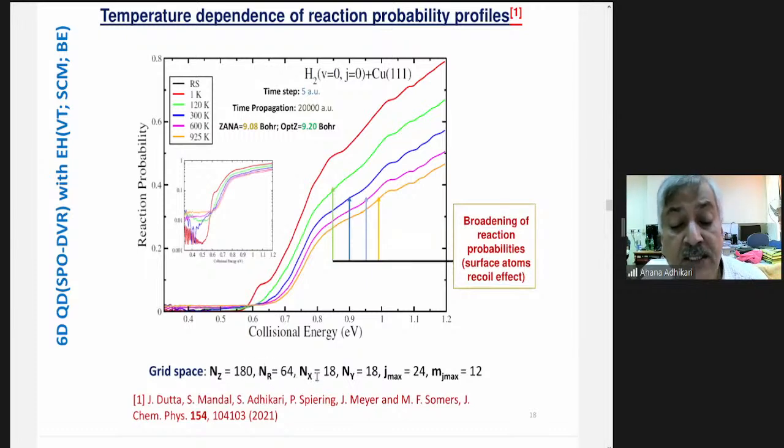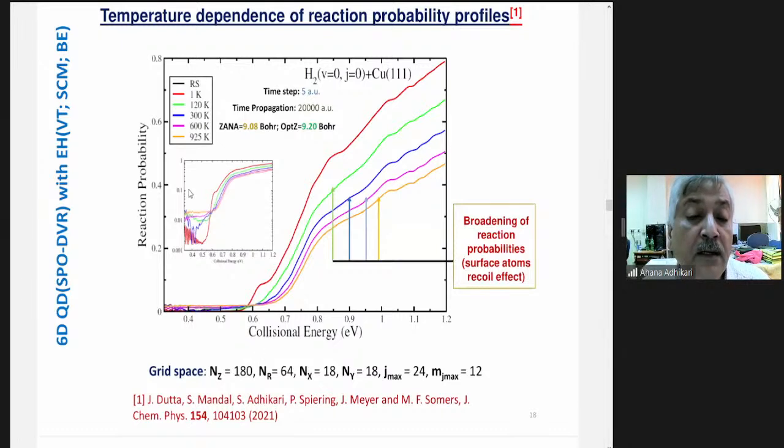That means the number of differential equations, and these are all coupled. And then these are the two surface grid points, and these are the rotational quantum numbers you need to consider, and these are the MJ. So if you multiply, you can see it will go to 1.5 billion. Okay, so that many coupled differential equations we have actually solved.